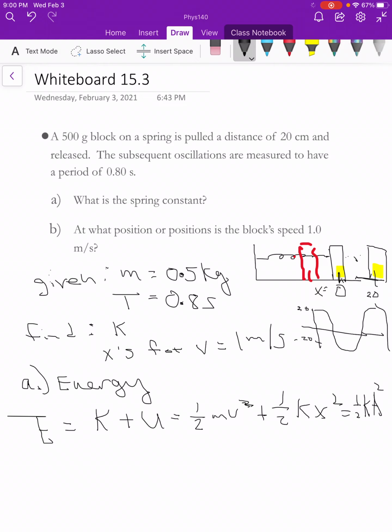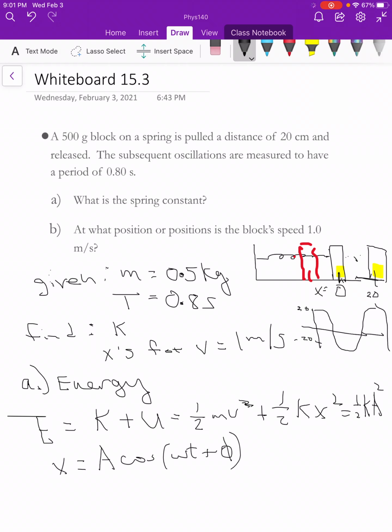Okay, and so that's my A, that peak from the origin to that peak of the cosine wave is A. So what does that mean? Well, I can think about the potential energy is 1/2 kx squared, and when it's fully stretched to 20, I can think about what is my x. Well, my x I know for a spring is the amplitude times cosine of omega t plus phi, right?